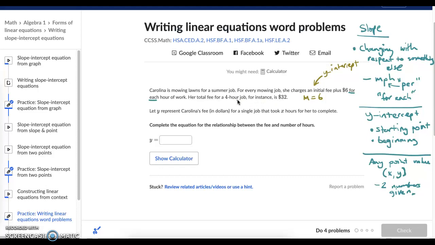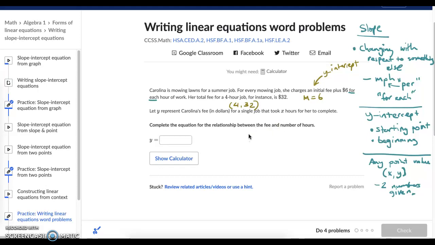So it's saying, for a 4-hour job, so for x number of hours, this $6 being $6 per hour, you get 6x in your equation from it. So our x value is 4. The total fee is $32. So we can build an equation there. We don't have the y-intercept, but we have everything else.